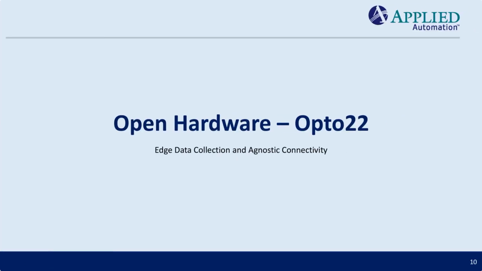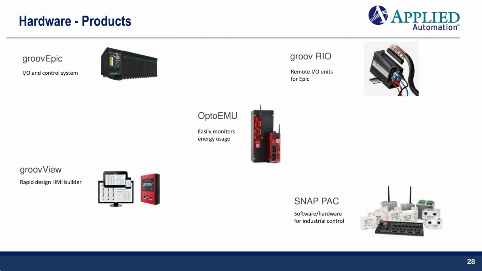And combining this with our Opto22 partner, we're able to offer an entire full connectivity solution. So these are the different products from Opto22 that we have been using and are looking to use more. They have smaller IO units that can be a little bit more remote.